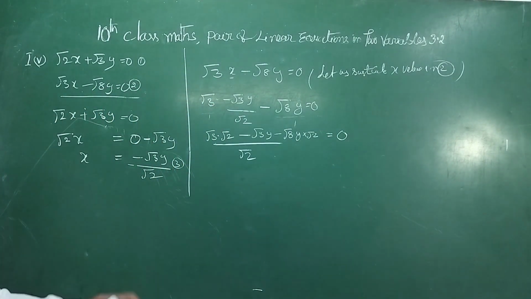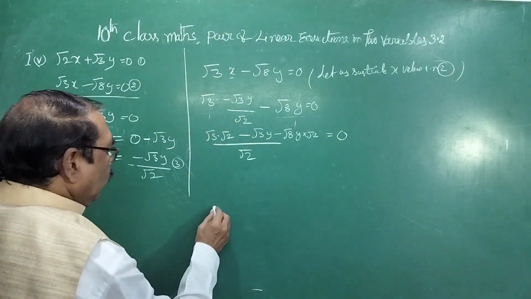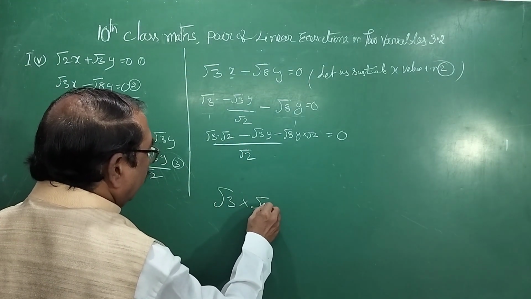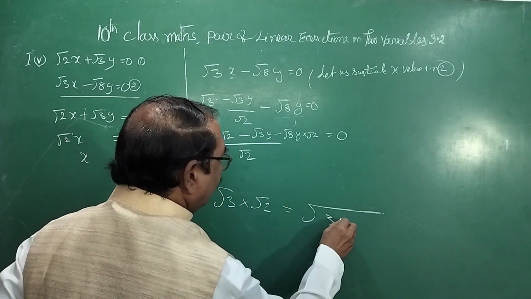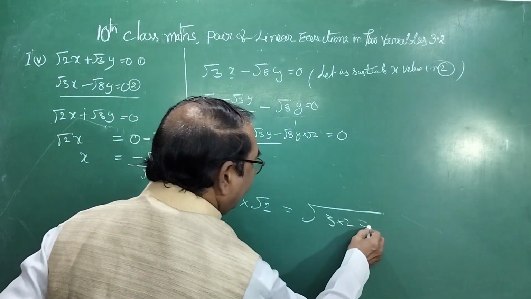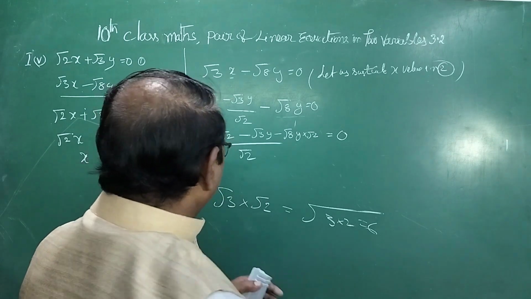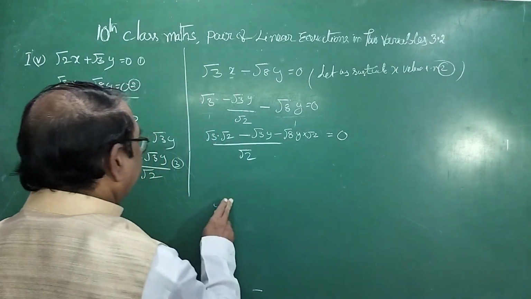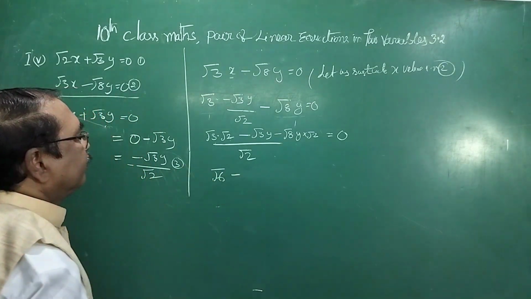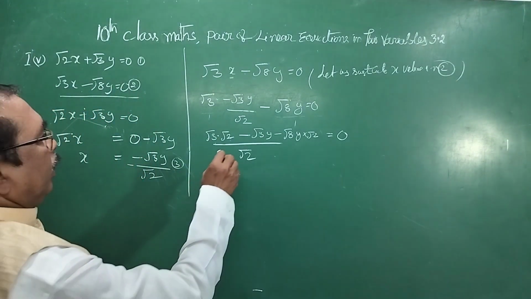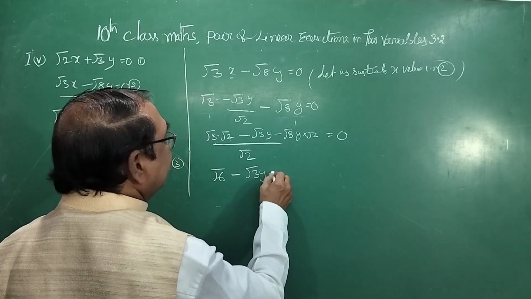Now we have to be careful. Root 2 into root 3 into root 2 can be written as root 3 into 2, that is root 6. Let us write root 6 minus root 3y minus.